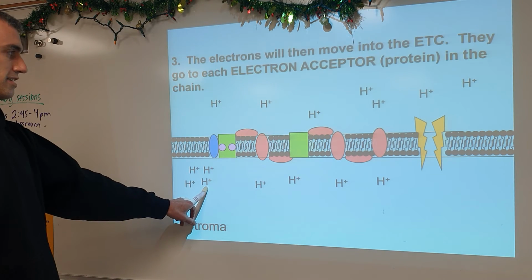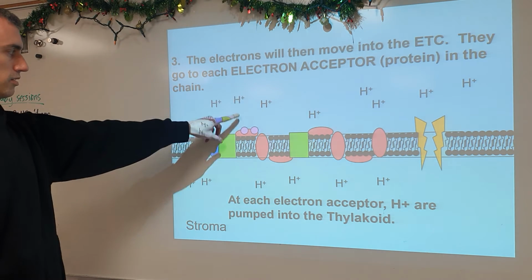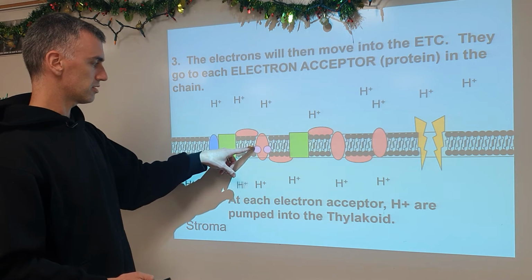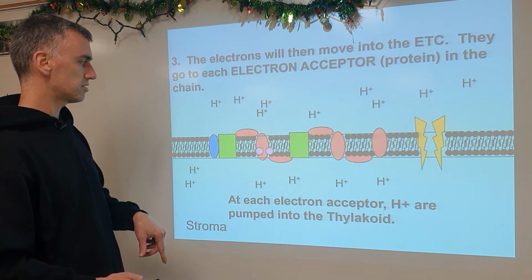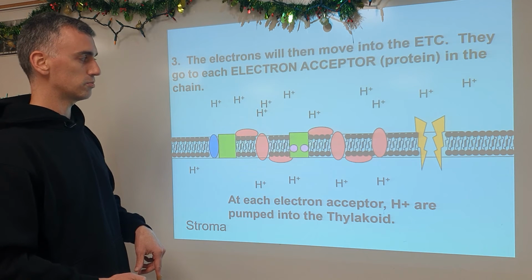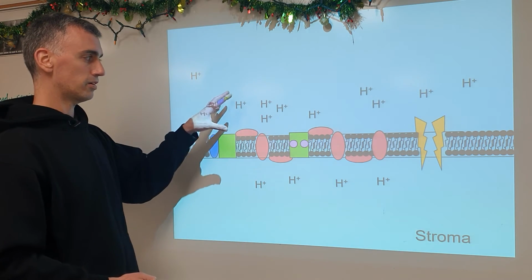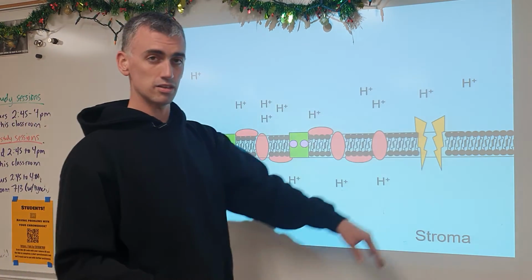Those hydrogen ions, as those electrons flow through, move up here. The electrons are causing the hydrogen ions to build up on one side. See that? They're powering hydrogen pumps. As they build up here, they're going to start flowing back to the other side, just like a waterfall.